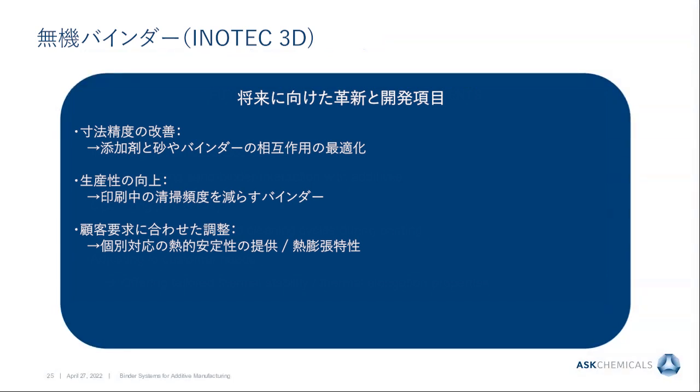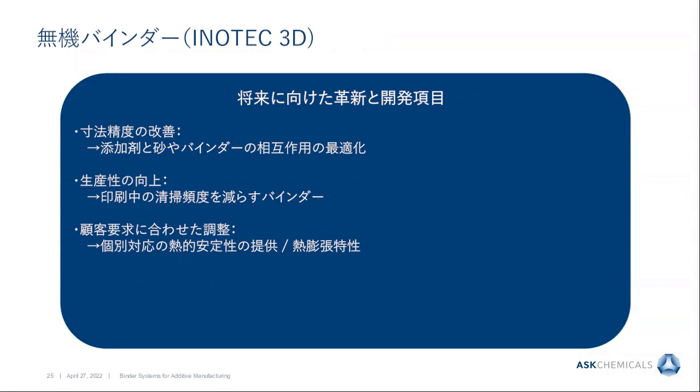Looking into the future for Inutec 3D, we want to further optimize the already mentioned sand binder interaction with those liquid additives to provide even more dimensional accuracy in the process. We want to increase or optimize the productivity. That means that the binder print head doesn't have to be cleaned that often during the process.